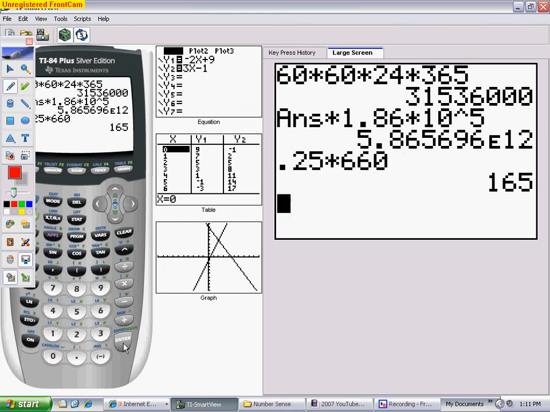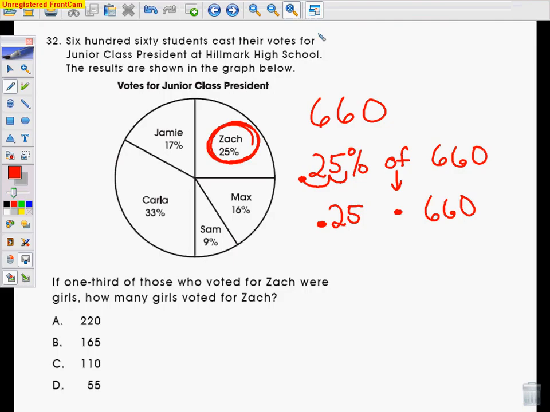So that's 165 people. 165 people voted for Zach. That's all 25% of them. Now, it says 1/3 of those were girls. So now we need to find 1/3 of the 165.